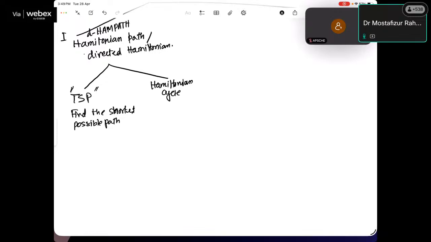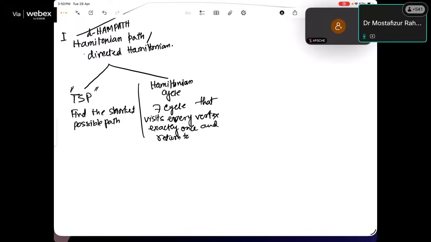The Hamiltonian cycle problem asks: does there exist a cycle that visits every vertex of the graph exactly once and returns to the start? The Hamiltonian cycle is one of the important algorithms in the genome sequencing problem.